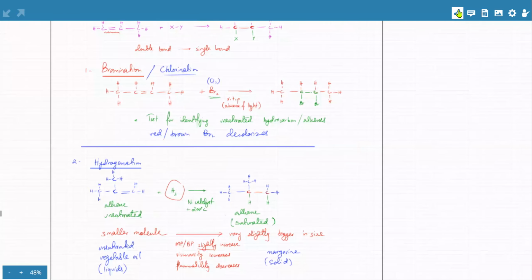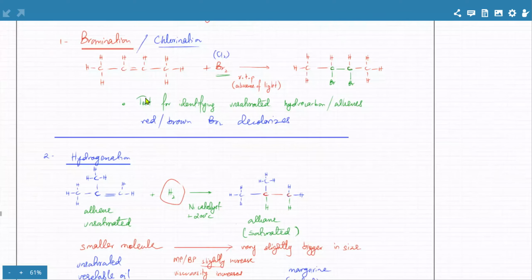We studied that the first one, they all are addition reactions. You have a double bond, and things get added to the double bond. This is used as a test for identifying alkenes. It's bromination, or you can do this with chlorine as well, but mostly it's bromine. Bromine sticks to the double bond.